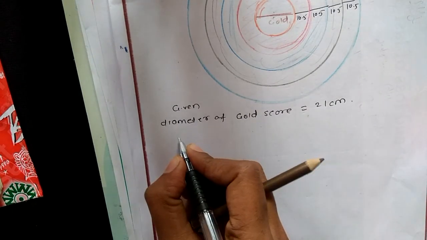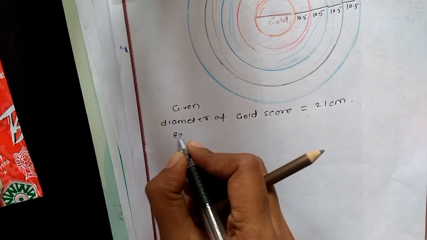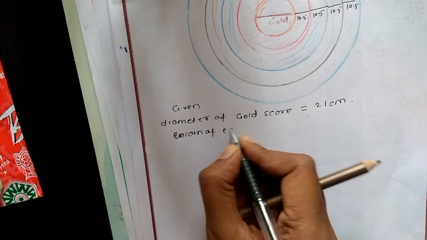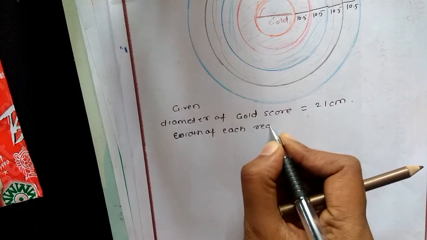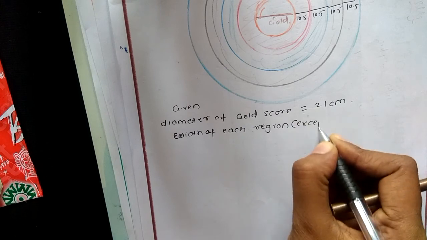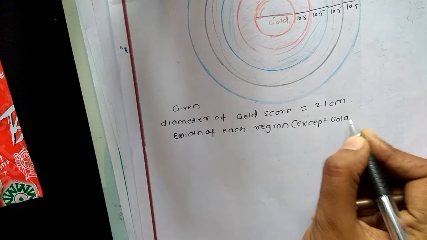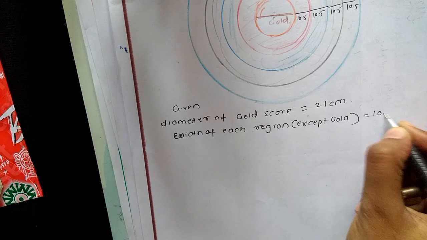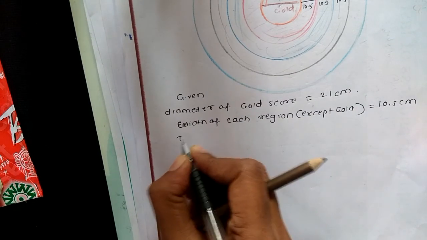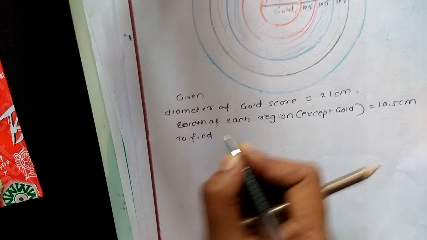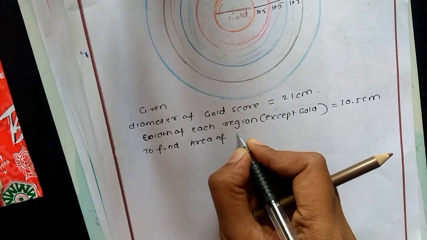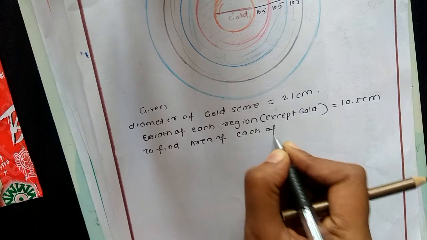So we need to find out. First we'll write the width of each region except gold, because gold's diameter is given; the width is 10.5 centimeter. We have to find the area of each of the 5 regions.